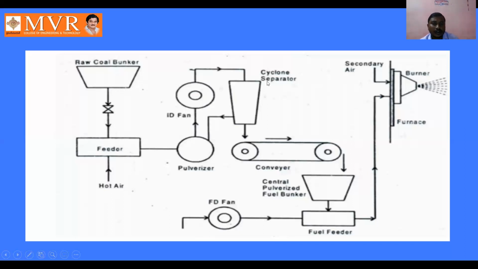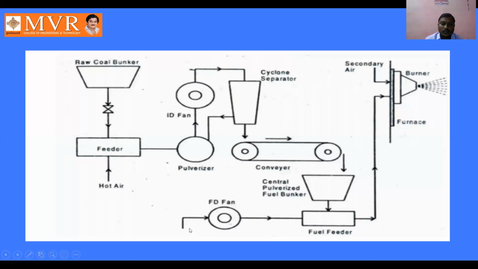In the cyclone separator, the large particles or the large coal are sent to the pulverizer mill again, and the powdered material is going to enter the central pulverized fuel bunker through a belt conveyor here.